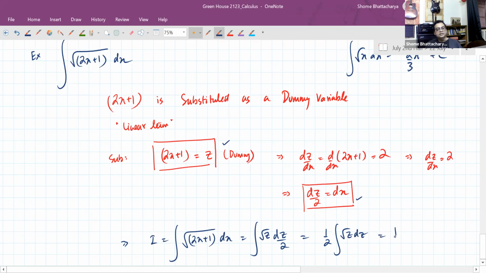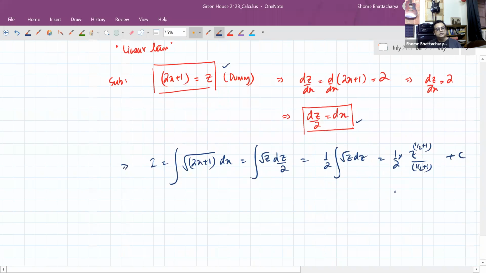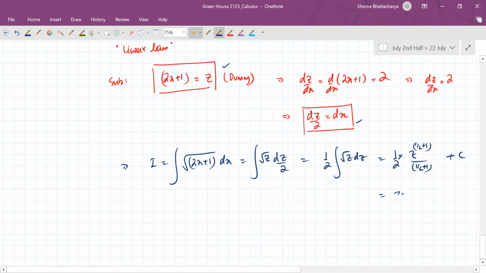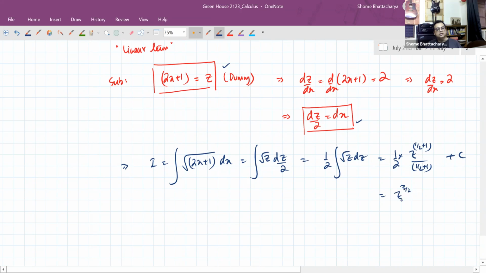So for that, now I can use the formula z to the power half plus 1 upon half plus 1, the standard formula that I had used earlier also, plus the constant of integration. So this becomes z to the power 3 by 2 divided by 3, as this half and 2 will cancel, plus c. And now I have to resubstitute the dummy z as 2x plus 1, because that is the variable we had introduced.